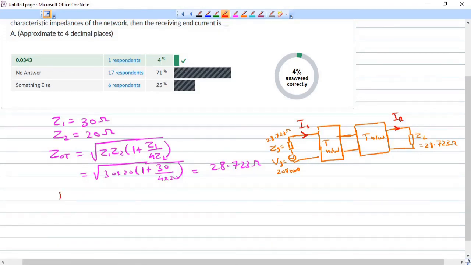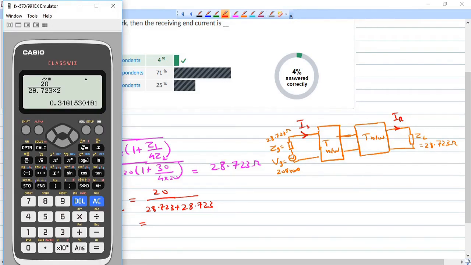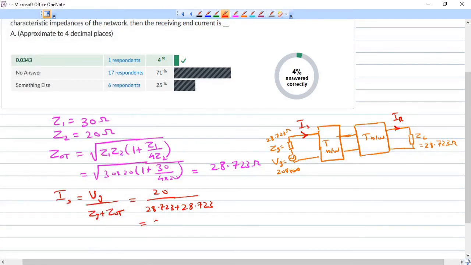So we can evaluate the source end current IS is equal to VG upon ZG plus Z0T. That is 20 upon 28.723 plus 28.723, which we have evaluated in the previous example, equal to 0.3482 ampere.